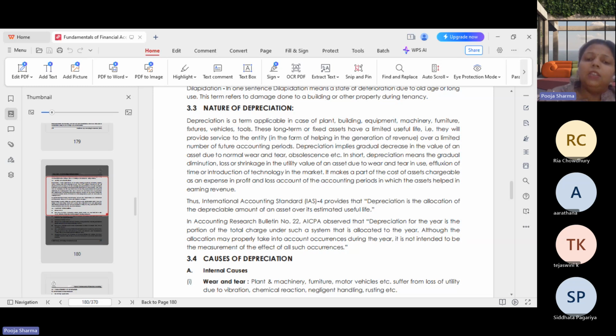Now next is AICPA. I have told you, the American Institute of Certified Public Accountants. As per their concept, what is depreciation?